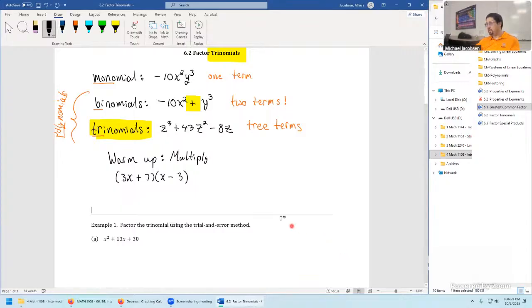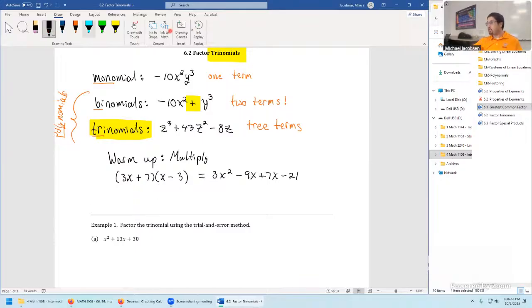So if we see something like this and the instructions tell us to multiply it out, all we're doing is the FOIL method. We take this 3x here, multiply it by x, so it's 3x squared. Multiply it against -3, so it's a -9x. Then we move over to the 7 and distribute it into the group. That'll be plus 7x. Here to here will be minus 21.